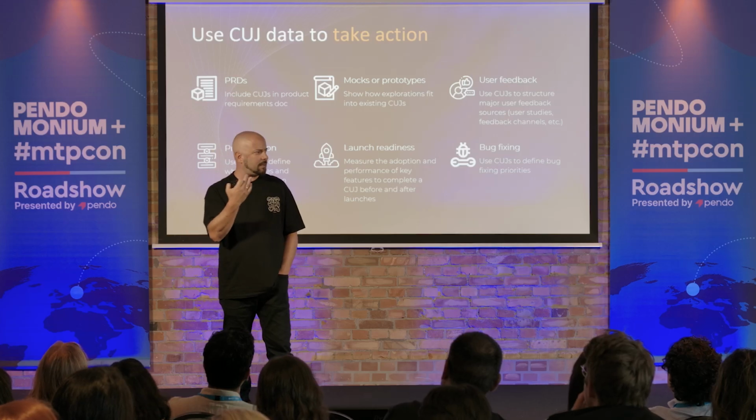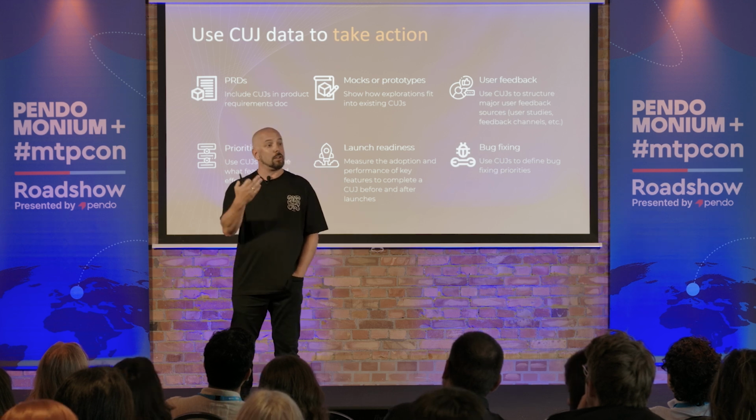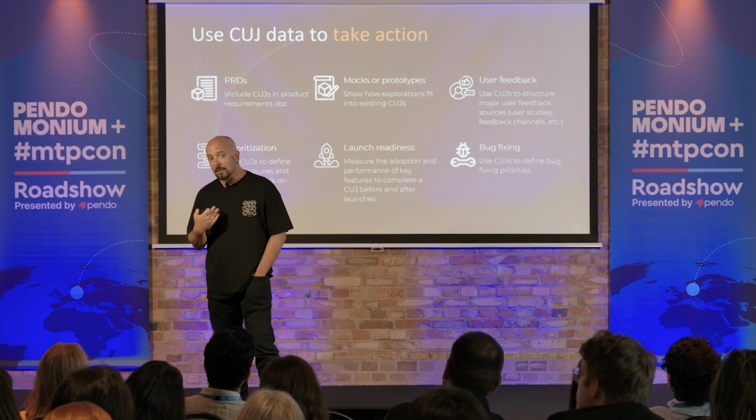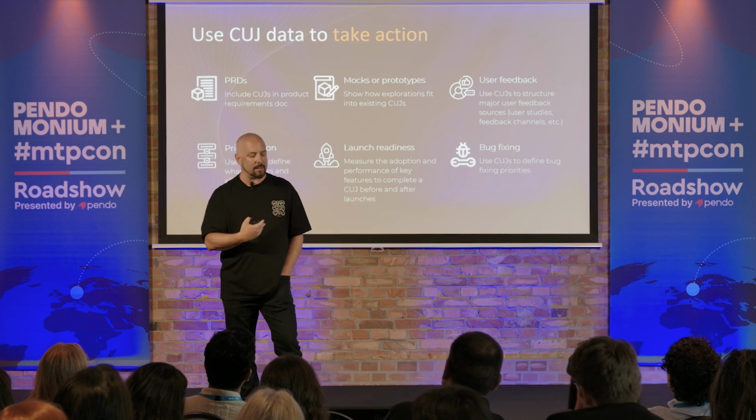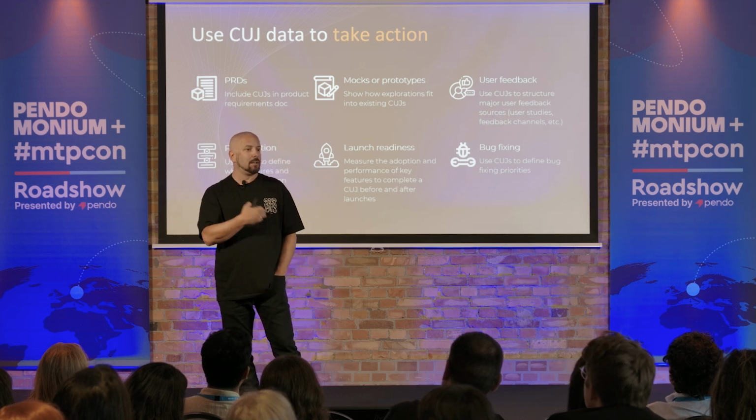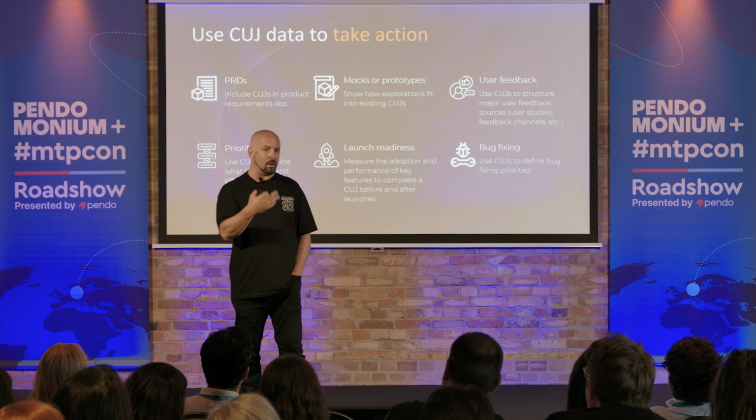Which 10 do you pick, right? Okay, you can map all those efforts to CUJs, and we also know which CUJ is doing well and which is not. So we can say, should we maybe prioritize the efforts that are improving the user journeys that are not doing well? Might be a good idea. So you can take that into account as an additional signal to take decisions. It's not the only one, obviously.